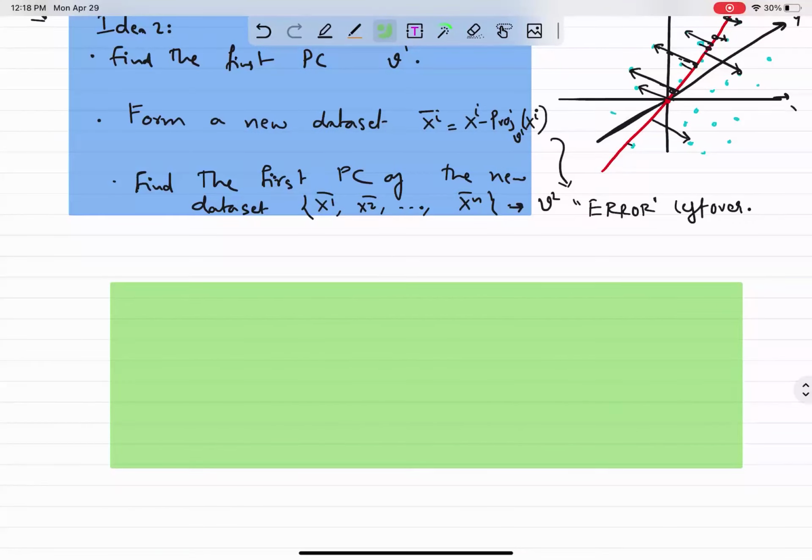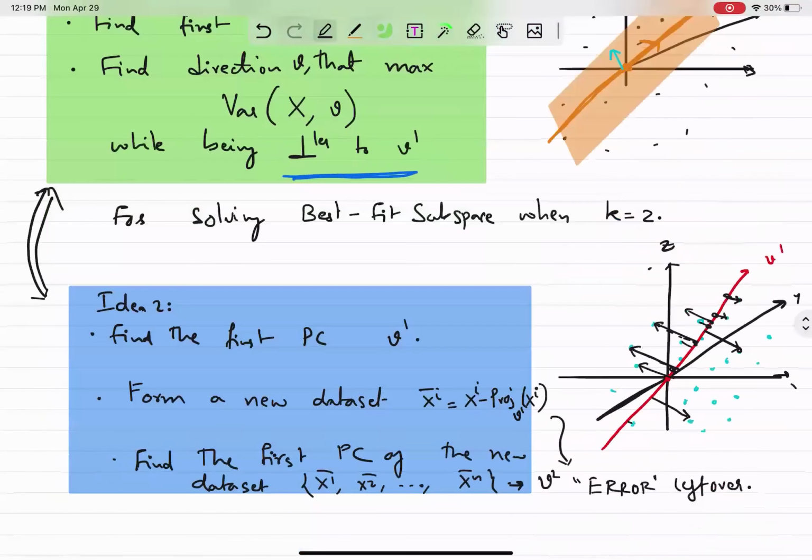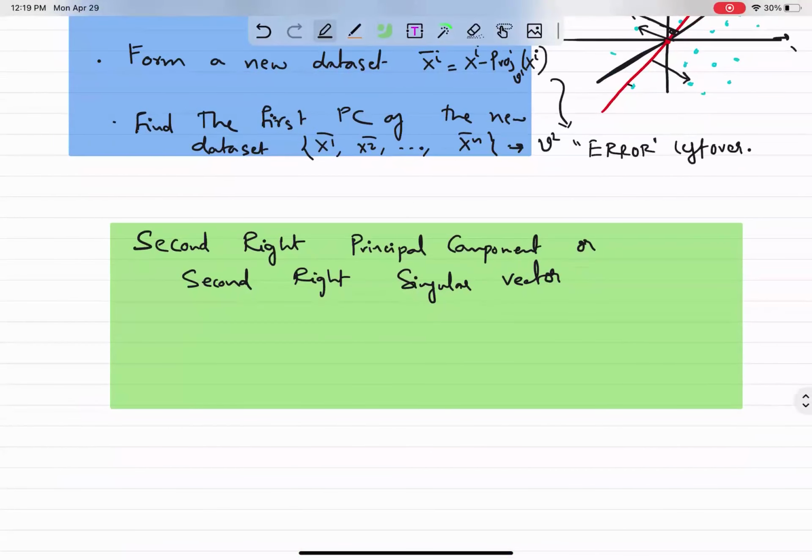Let me now define the second principal component, or the second right singular vector. This is also called that, as we'll see.